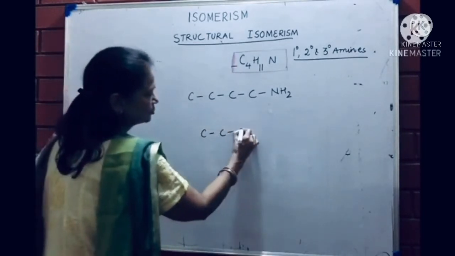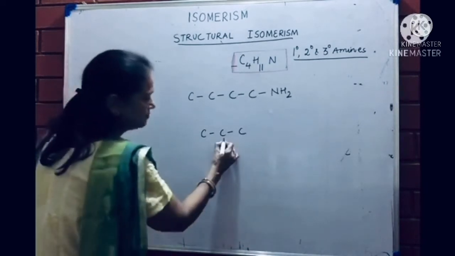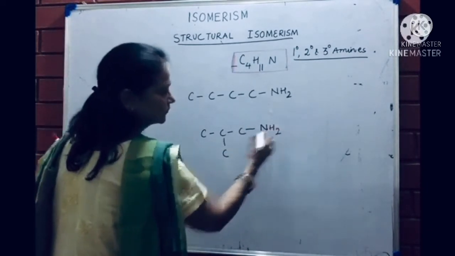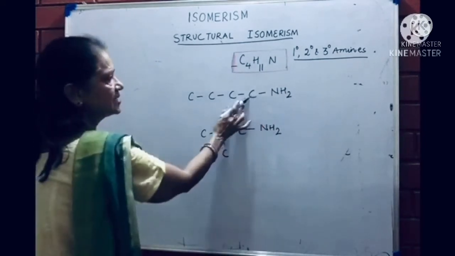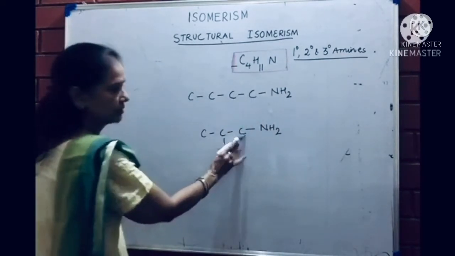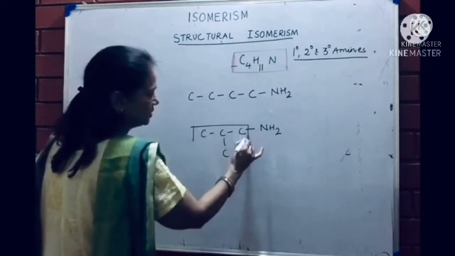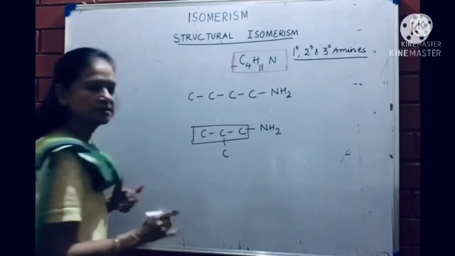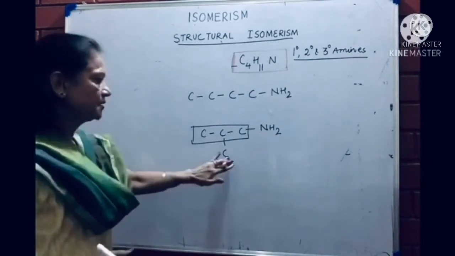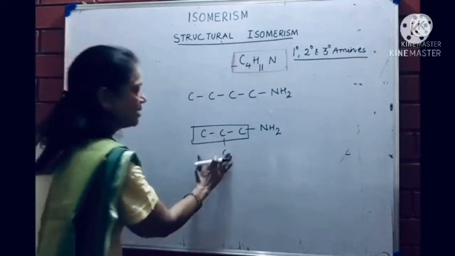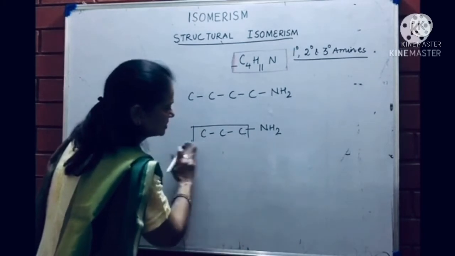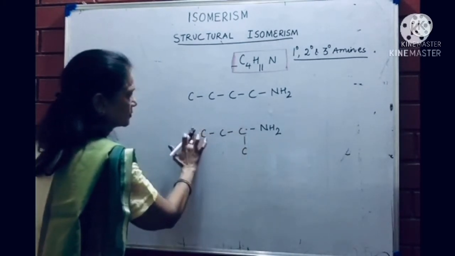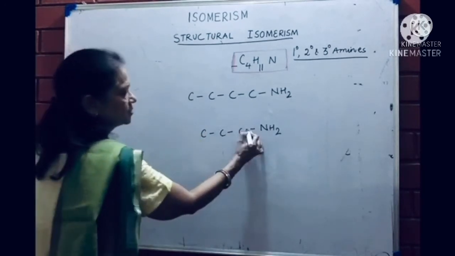So 1, 2, 3 carbon atoms. I'm making a chain here and then putting NH2 here, right? NH2 still is at place 1 here, because this is the main parent chain, and a carbon atom is forming a branch at this point, right? If I make this branch, instead of here, I make a branch here.